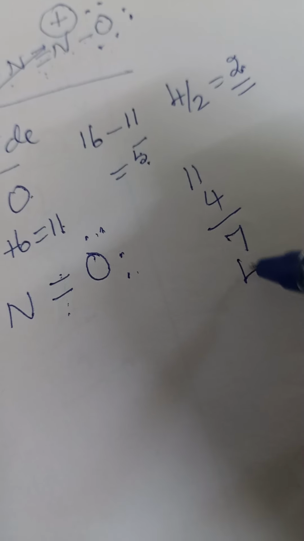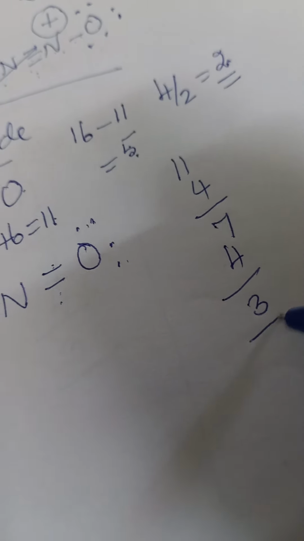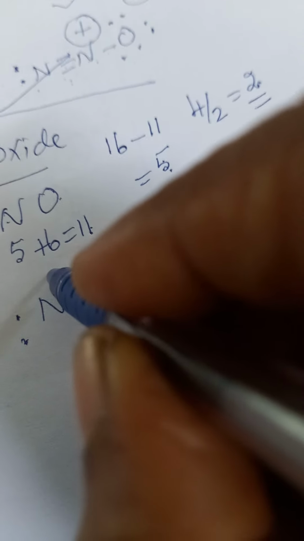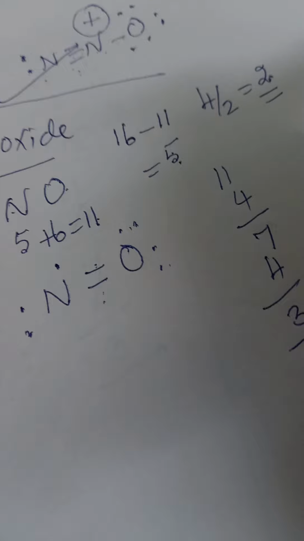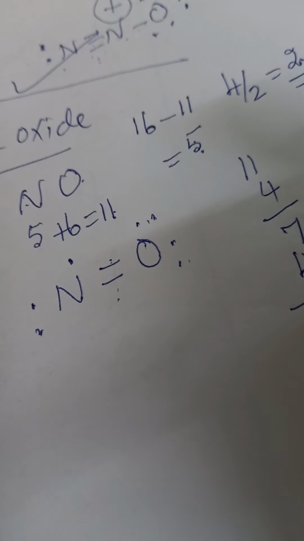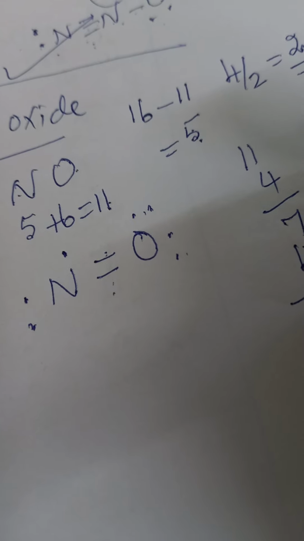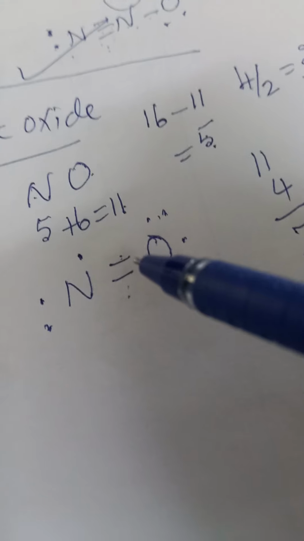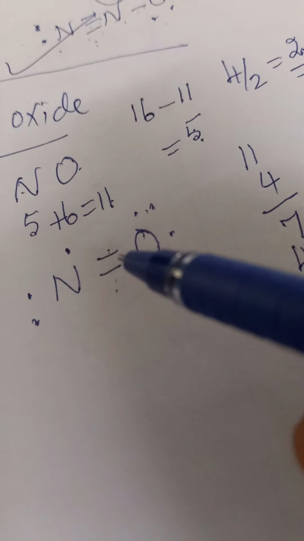So 4 has gone. Remaining 3. Here 2. Here 1. 3 electrons have gone. Odd electron present here for nitrogen. Odd electron.